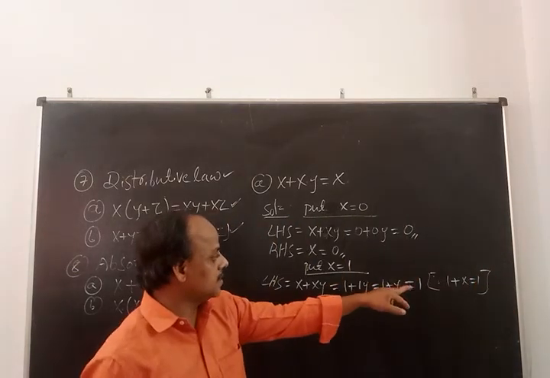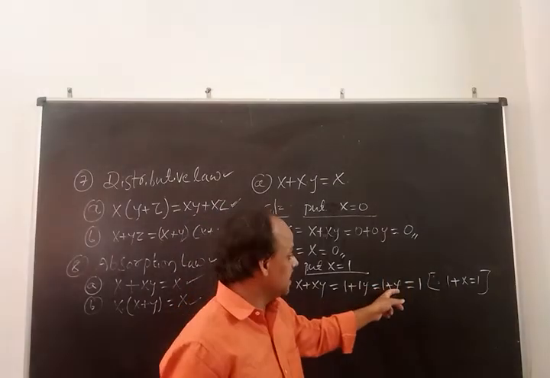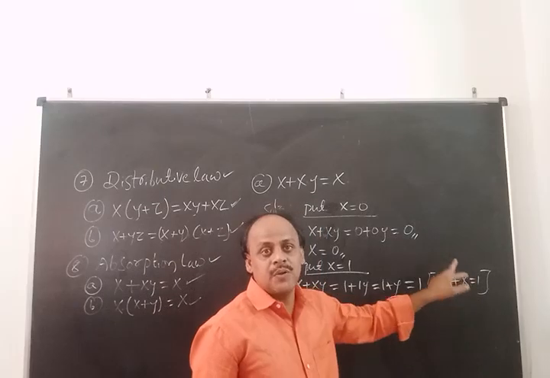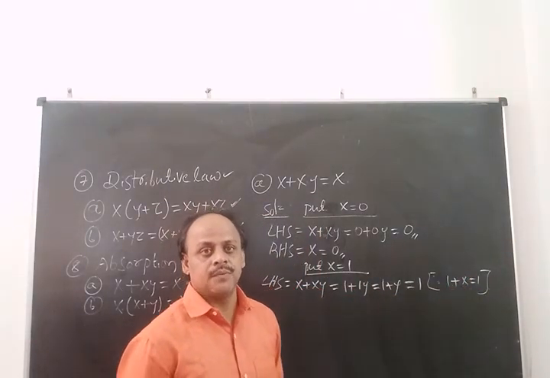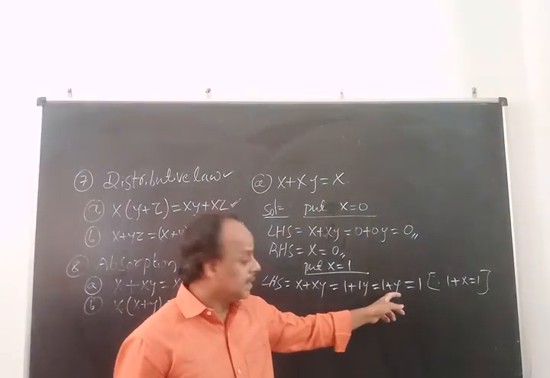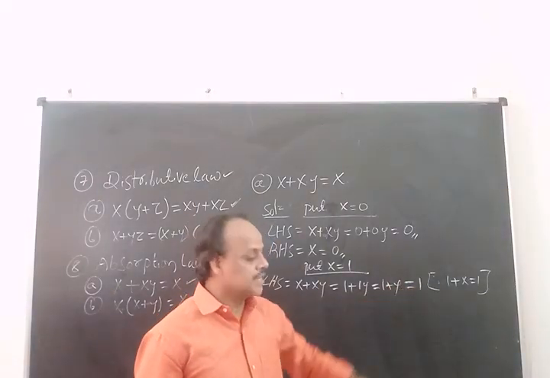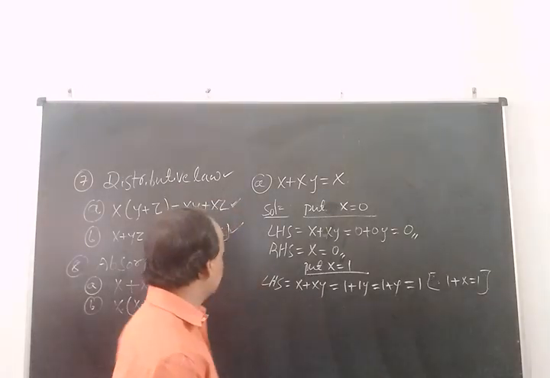Here 1 plus y is there. In the law it is given that 1 plus x is equal to 1, meaning x is any Boolean variable. Okay. So here y is also a Boolean variable. That's why 1 plus y can be written as 1.